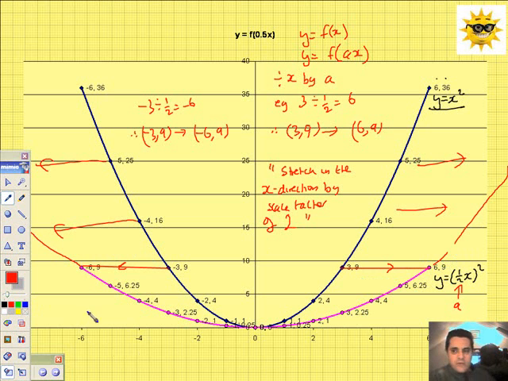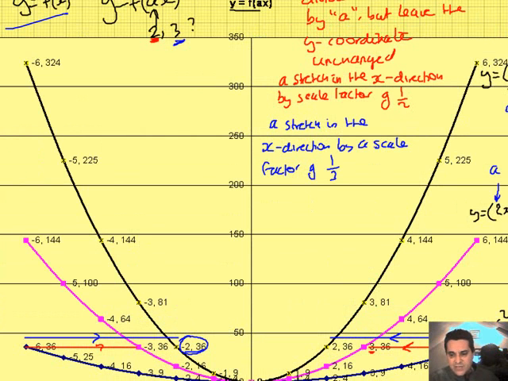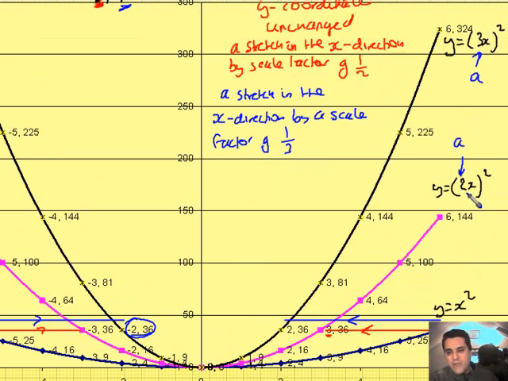So, a quick reiteration on this very difficult rule. You divide the x value by the a, and in this case, for example, 6 divided by 2 makes 3, hence my 2x squared and my 3x squared.